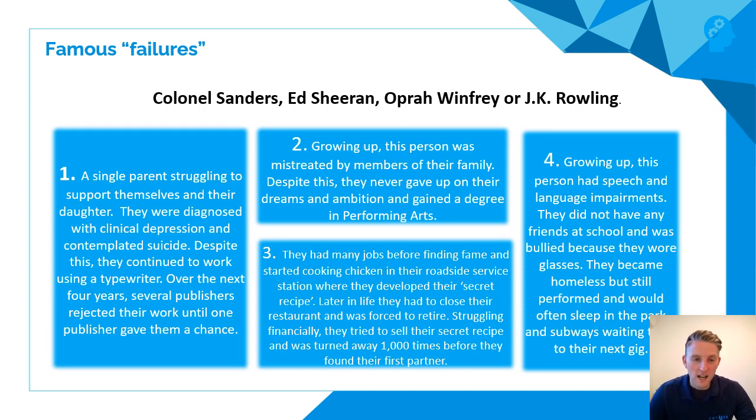And as a final task, and this is to give some good examples of people that are well known which show great growth mindset, come from different backgrounds and have different ideas about the world, but all share this idea of a growth mindset. We're giving you 4 examples here. So 4 famous people: Colonel Sanders, the KFC guy, Ed Sheeran, Oprah Winfrey, J.K. Rowling. And what I want you to do is look at their history, their story, which is in the blue boxes.